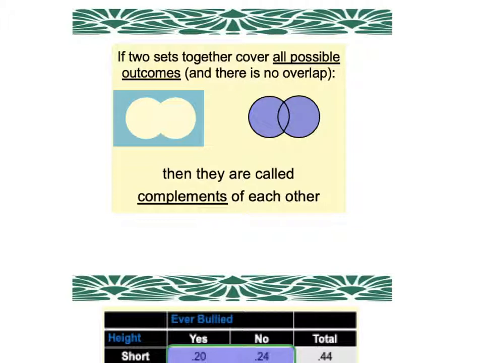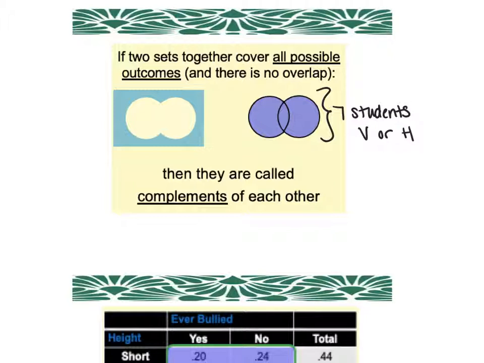Right here, I've got a formal definition. If two sets together cover all possible outcomes and there is no overlap at all, they are called the complements of each other. So you can see, I think this actually works well with my advisory group example. In my advisory group example, I had 7 students who are in varsity or on the honor roll.